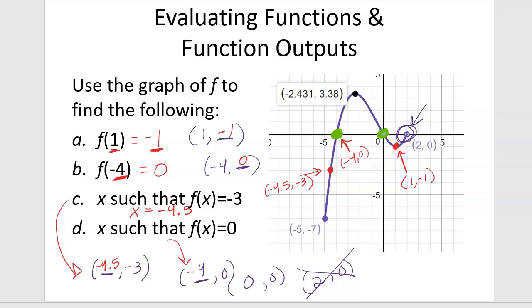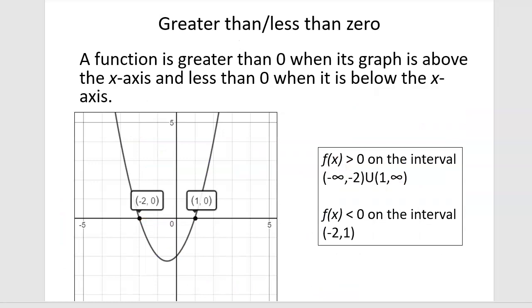So we will say for our answer here that x equals negative 4 and 0, and do not list the 2, but you can list the negative 4 and the 0.